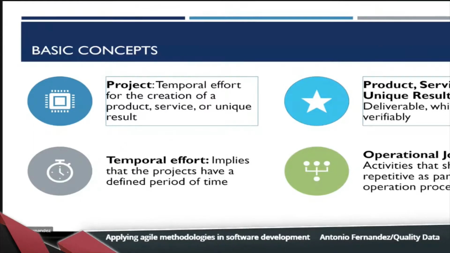It can be tangible, like a house or a building, or intangible, like a piece of software, a song, a picture, etc. The temporal effort implies that a project has to be completed in a defined period of time. And it's the first difference between a project and an operational job. These last are activities that are repetitive as part of an operation.